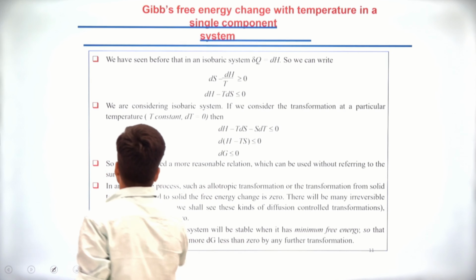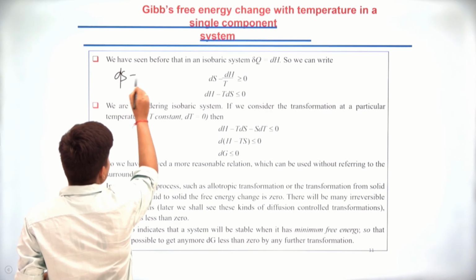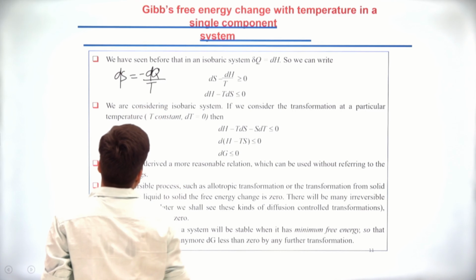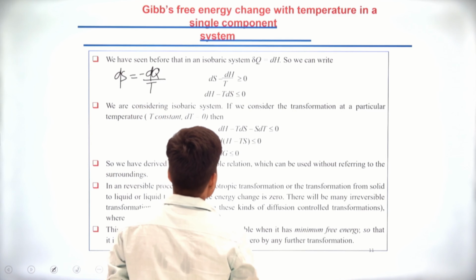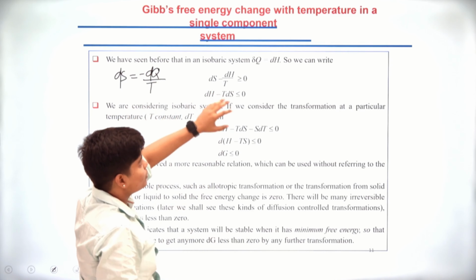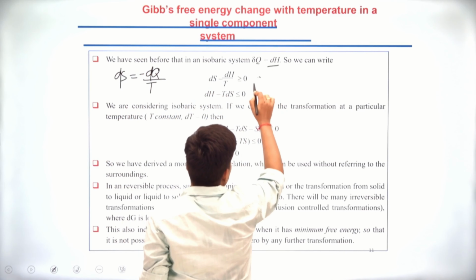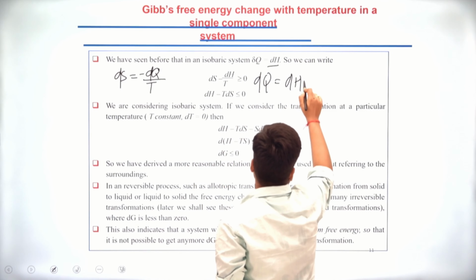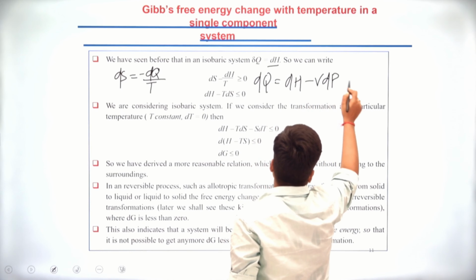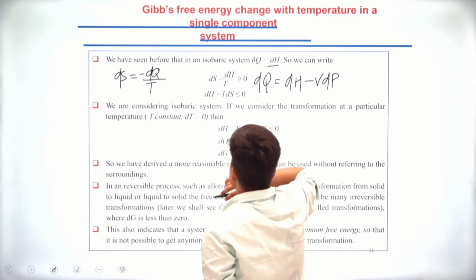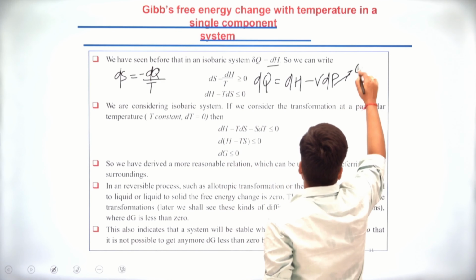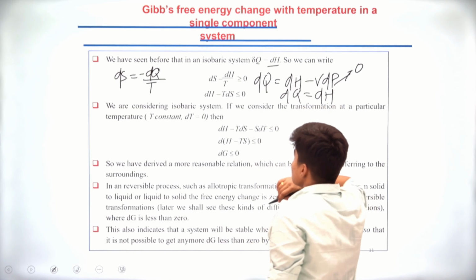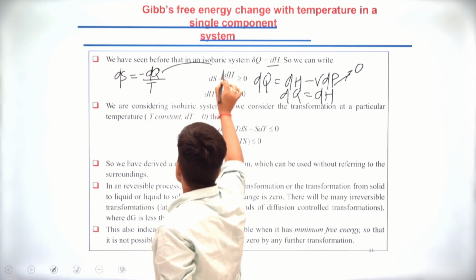So now the equation we get is dS is minus dq by T. For the isobaric system, in place of dq we can write dH. We know from the thermodynamic first law that dq is equal to dH minus V dP. At an isobaric system, meaning constant pressure, dP will be 0. So dq will be dH, and in place of dq we can write dH.